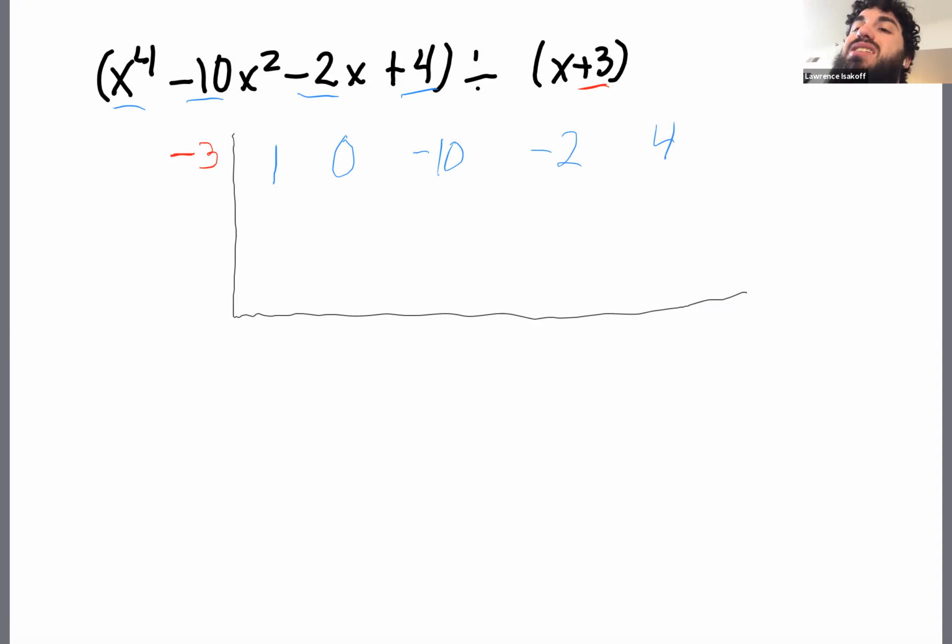Okay. Since I don't have a number down in this area right now, I just bring down the 1. Then I'm going to do -3 times 1. That's -3. And before I start the next loop, again, I do want to take a quick pause for questions.